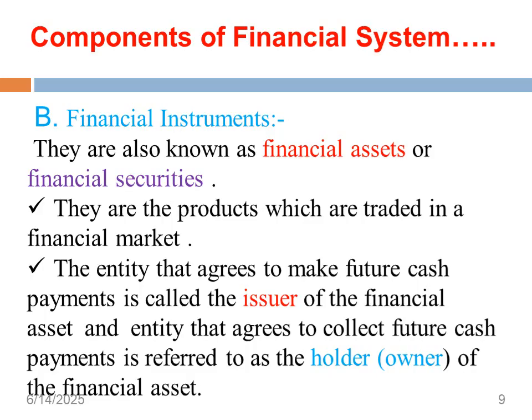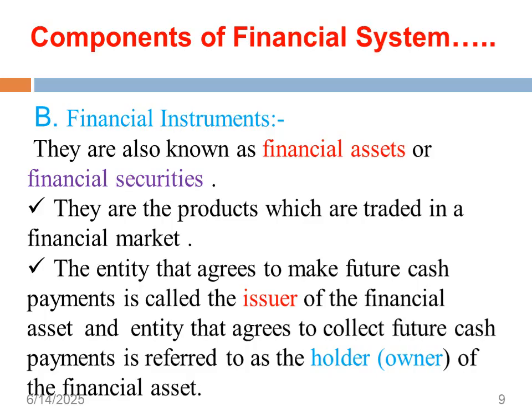Like commodity assets in commodity markets, where we can purchase or sell commodities such as maize, wheat, or rice, we can purchase or sell financial assets. We can sell and also purchase financial assets like what we do in commodity markets.